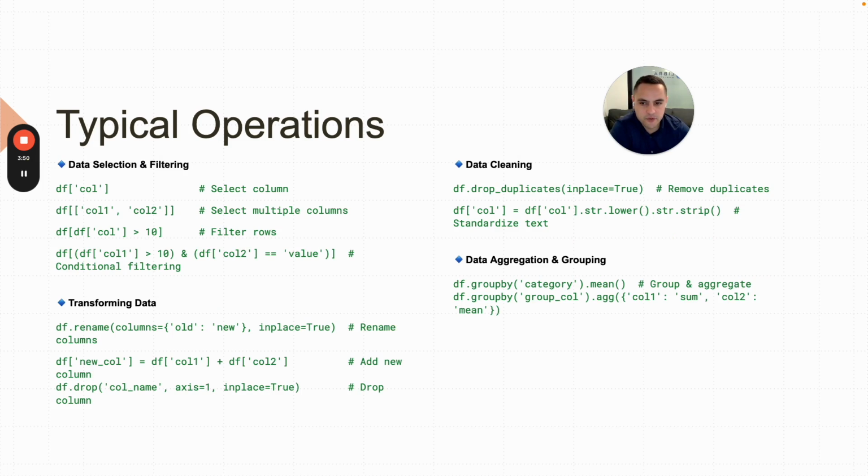Additionally, you may need to filter or select data, and you can see some example code there, right? Selecting columns, multiple columns, filtering rows. Additionally, you would potentially need to transform data. So suppose I want to rename a column.